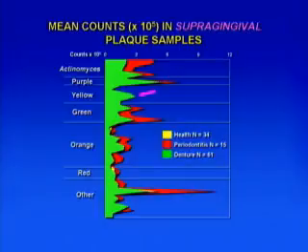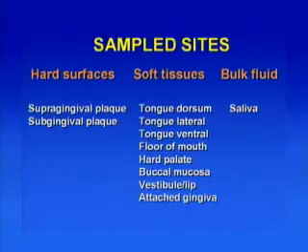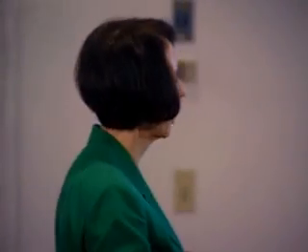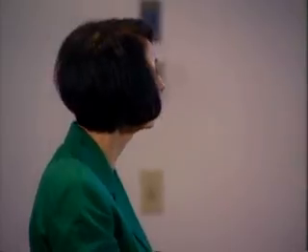She also looked at biofilms that developed on different soft tissue surfaces, including 3 surfaces of the tongue, the dorsum, the lateral tongue, and the ventral tongue, the floor of the mouth, the hard palate, buccal mucosa, vestibule lip, and the attached gingiva. She also looked at the bacteria in saliva. And all of these samples, again, were analyzed using the checkerboard DNA hybridization technique.